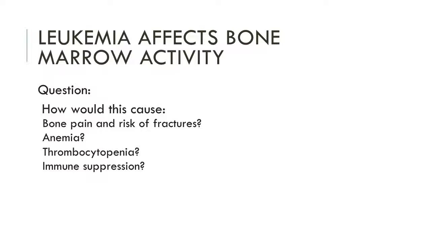This expansion inside of the bone marrow also causes this bone pain that's associated with it. A lot of times kids will just say, my bones hurt, which is kind of an odd way of saying it, but yet they're really explaining what hurts.